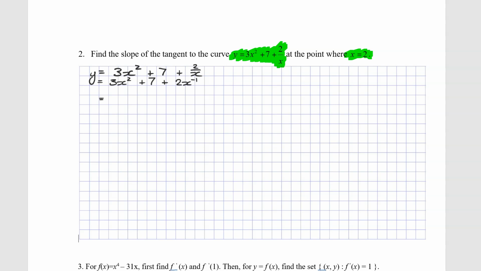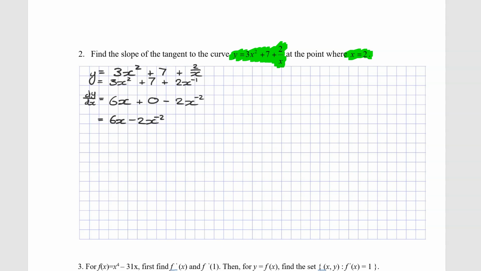Now finding the derivative, dy over dx, that will become 6x to the 1 plus 0, and then minus 2x to the negative 2. And then simplifying that out, it will become 6x minus 2x to the negative 2.